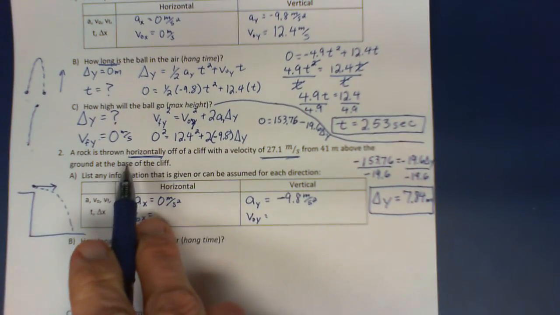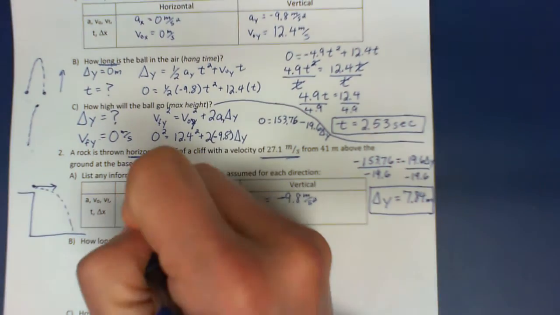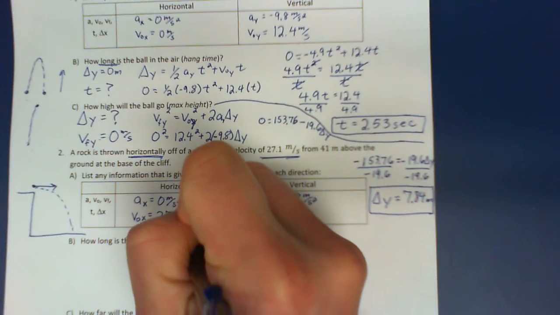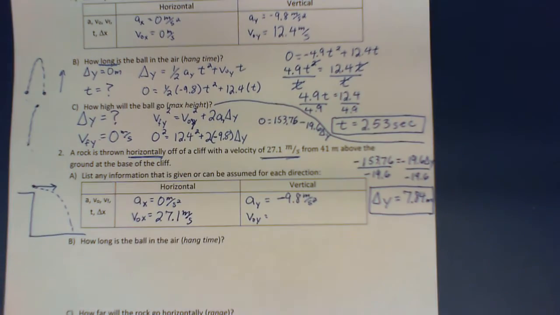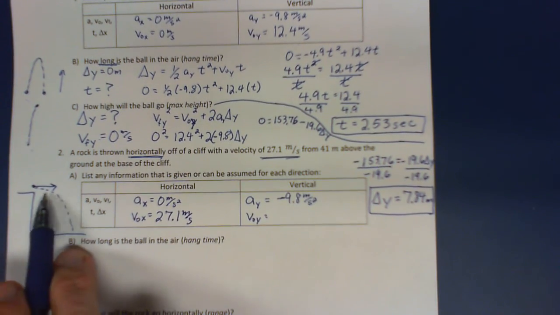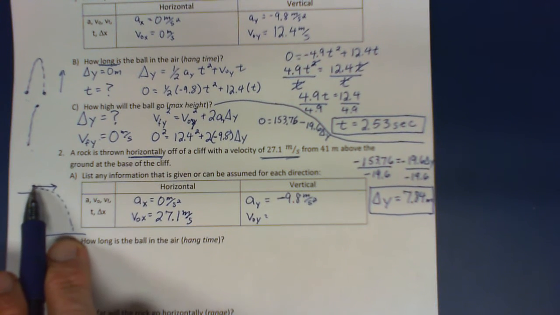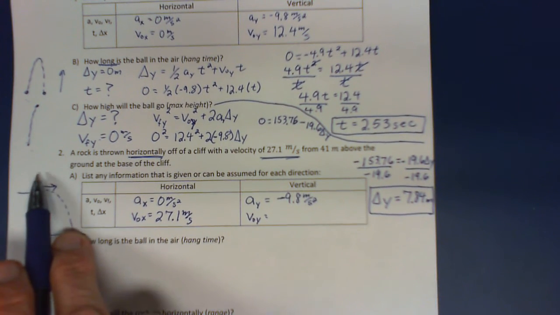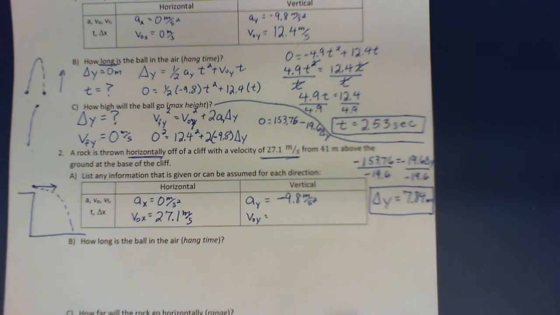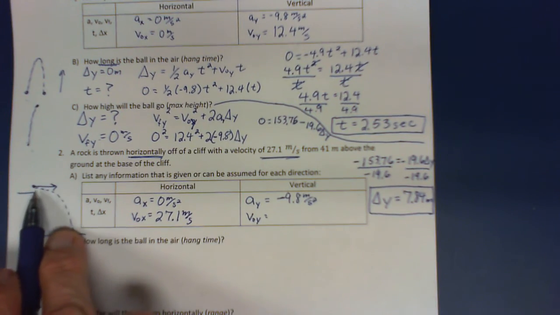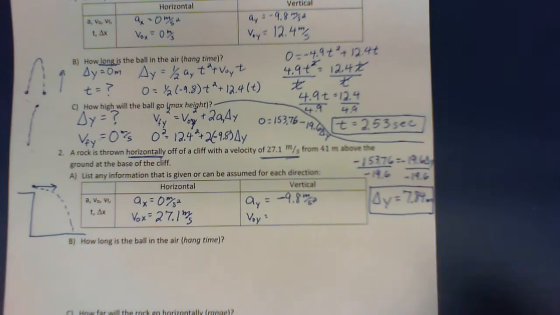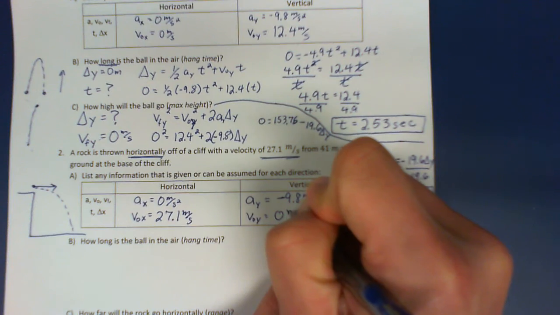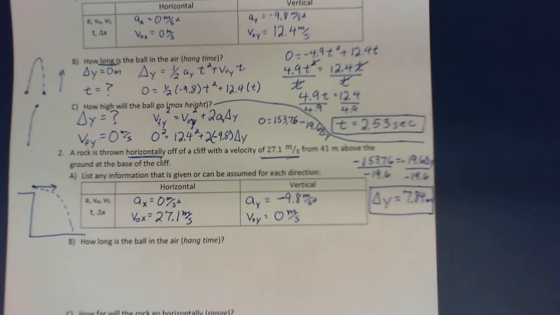And if that's the horizontal velocity, then that means this 27.1 meters per second is completely in the x direction. All right, and you can see that with horizontally. Well, if it's completely horizontal, then what does that mean about the vertical? If it's all horizontal, there's nothing that's vertical, so it's 0 in the y direction.